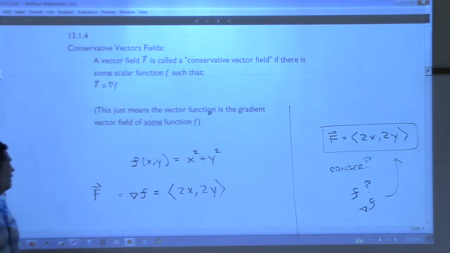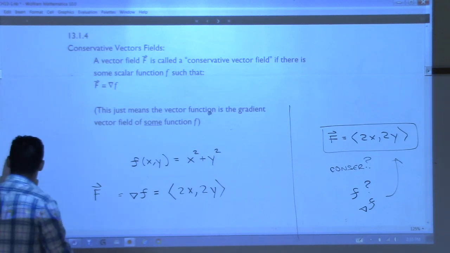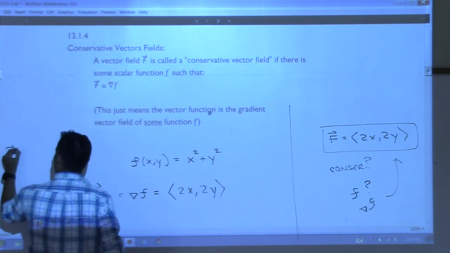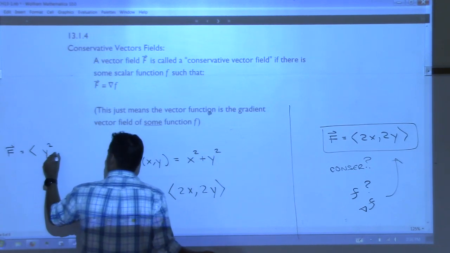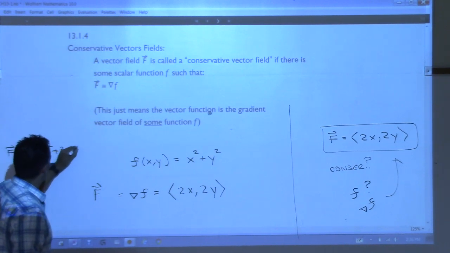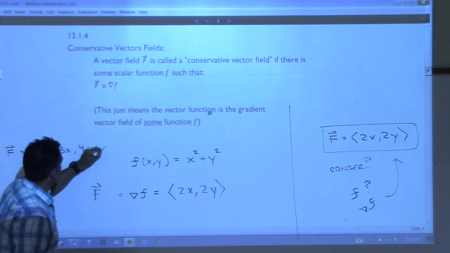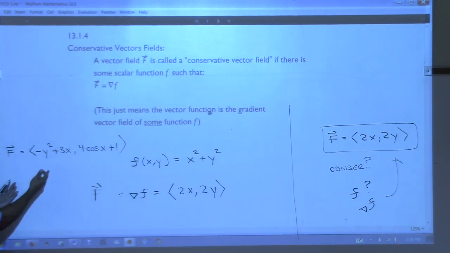So in general, if I just put a vector field, you know that one that you gave me a second ago? You came up with this one. It was like y squared, negative y squared plus 3x, and then it was like 4 cosine of x plus 1 or something like that. Is that conservative? I have no idea.